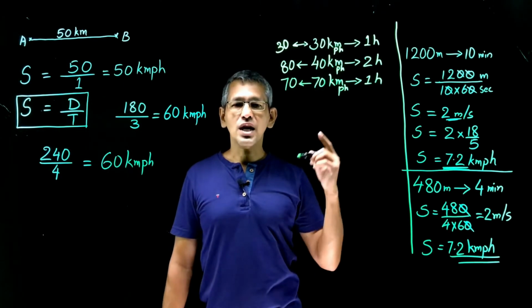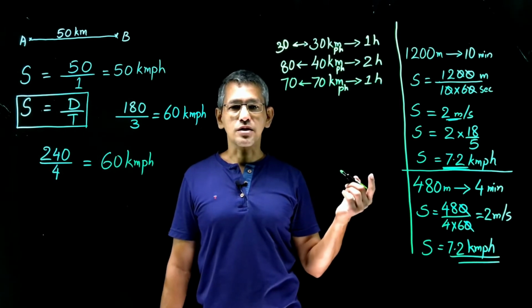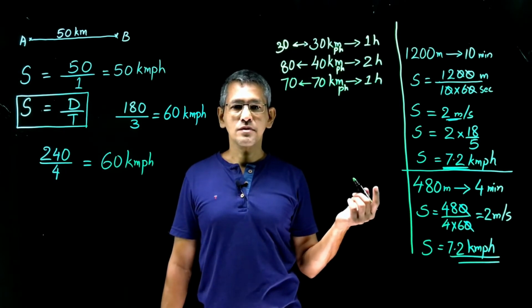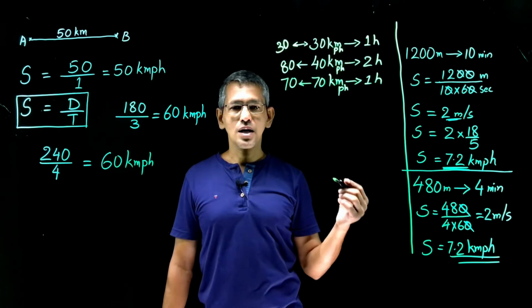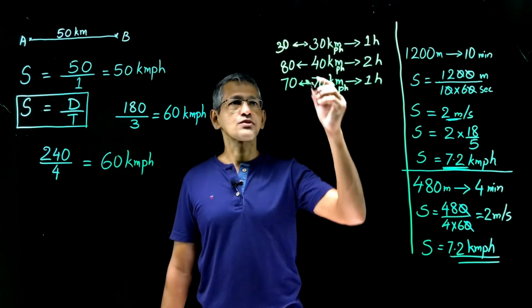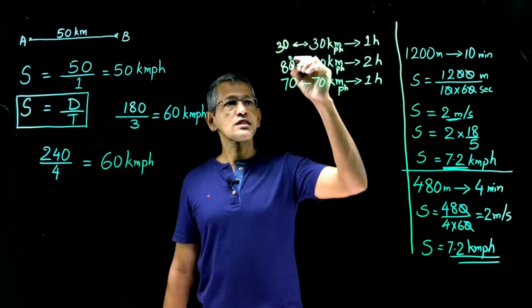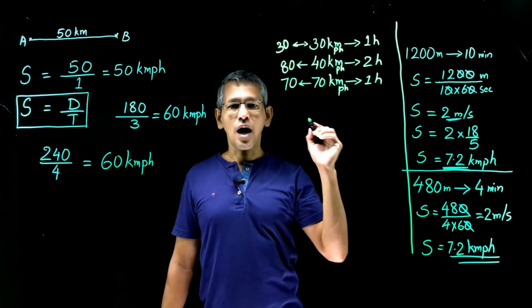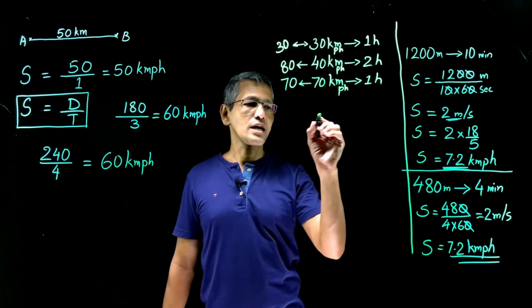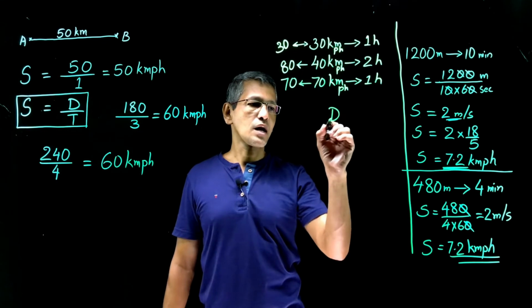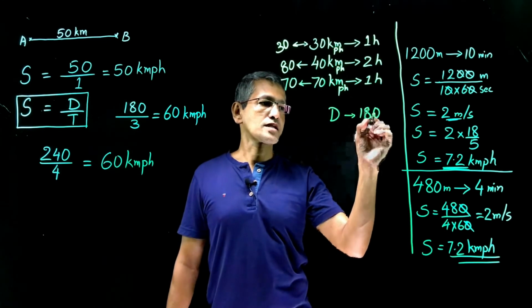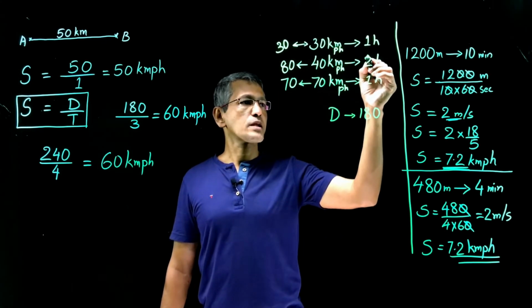So we have to calculate the average speed. So average speed is what? Distance by time, right? Total distance by total time. So what is the total distance? 70 plus 30, 100, 100 plus 80, 180. So distance is equal to what? 180. And the total time taken, 1 plus 2 plus 1.